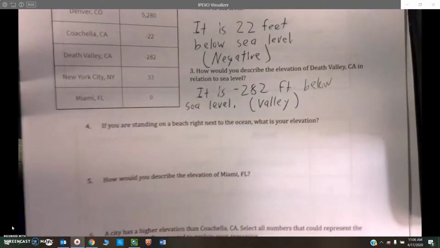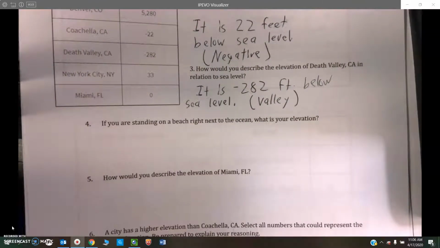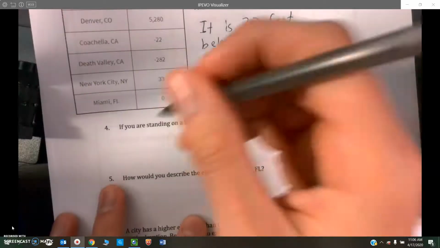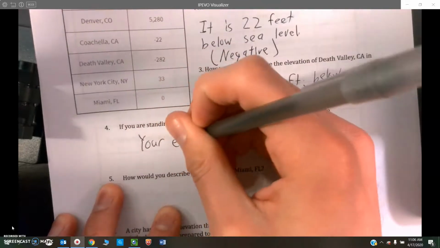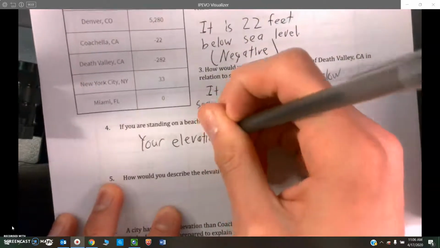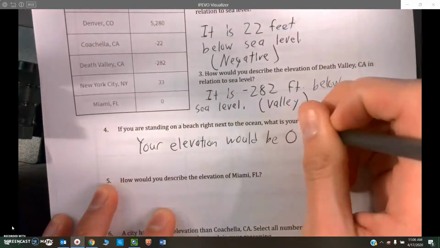If you were standing on a beach right next to the ocean, what is your elevation? What do you guys think? If elevation is always in relation to sea level, I would say your elevation would be 0 feet.